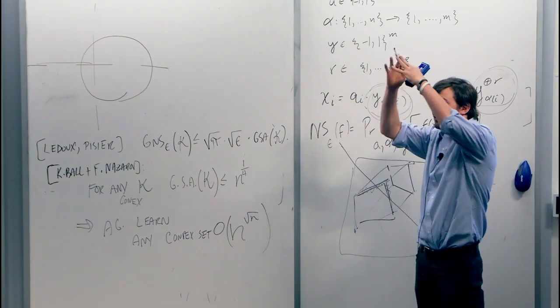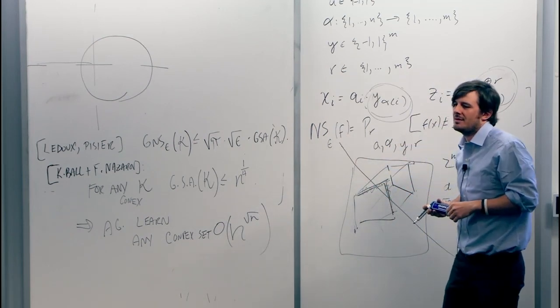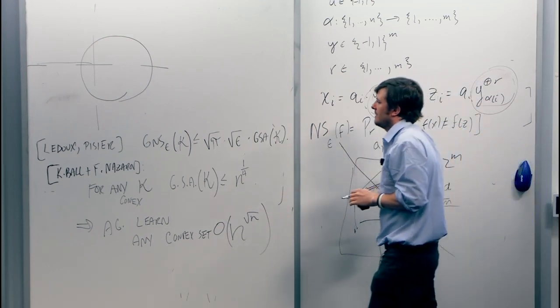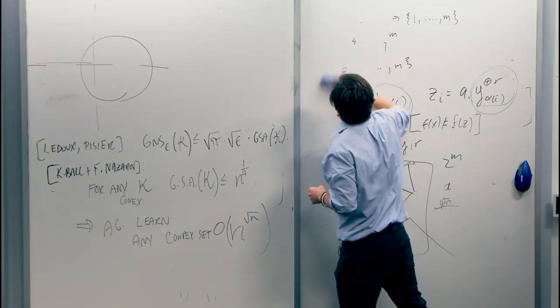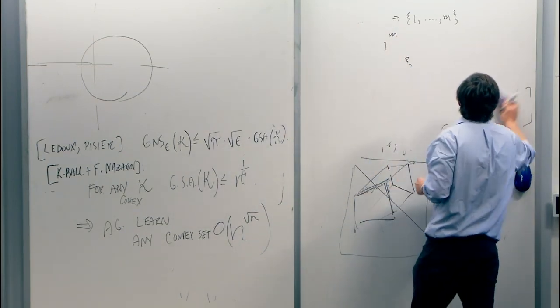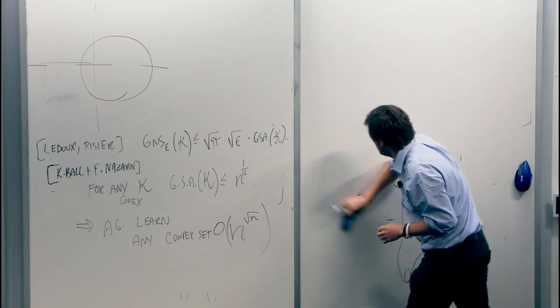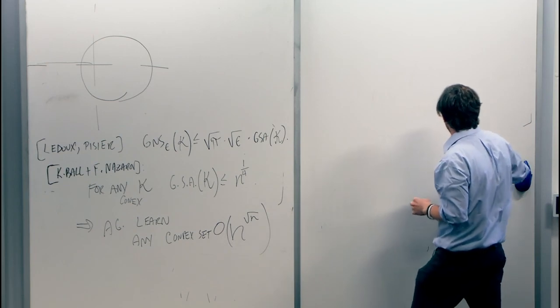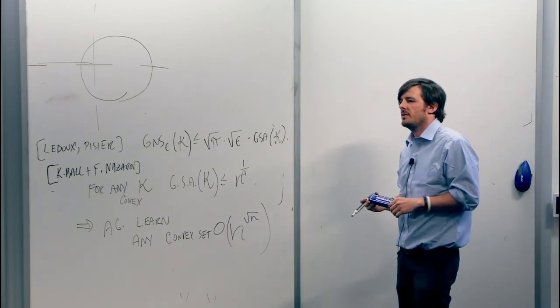Well, the body is the intersection of these random tangent hyperplanes to the sphere. So it's a polytope that you get by bounding the sphere with lots of tangent hyperplanes.